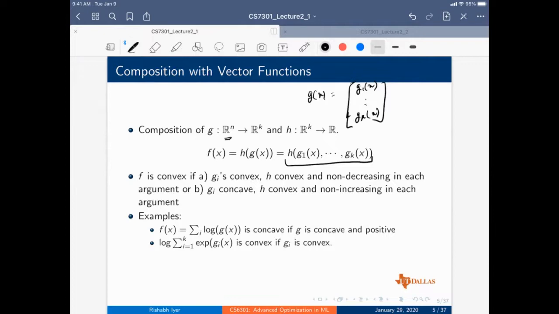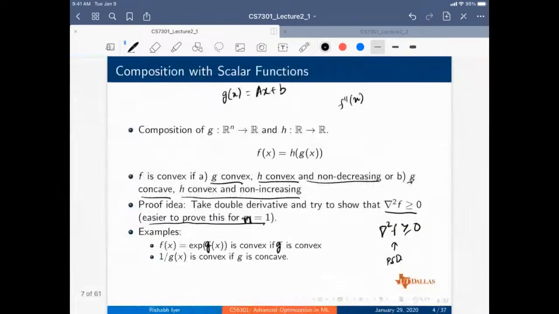And here, to ensure convexity, we require that the gi's be convex and H be convex and non-decreasing in each argument, or the gi's be concave and H be convex and non-decreasing again in each argument, right? So again, the examples are simple versions of this.